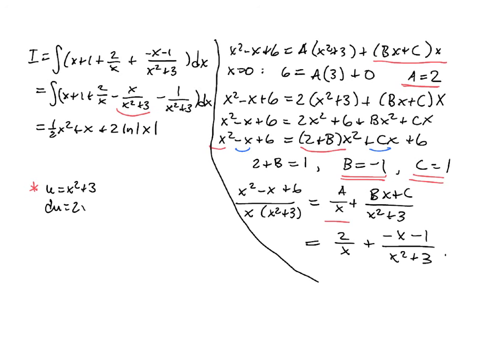And the last one is going to be a tan inverse function, minus 1 over square root of 3 tan inverse of x over square root of 3, the entire thing, plus C. Again, that tan inverse integral is from one of the formulas I had listed on the previous page.